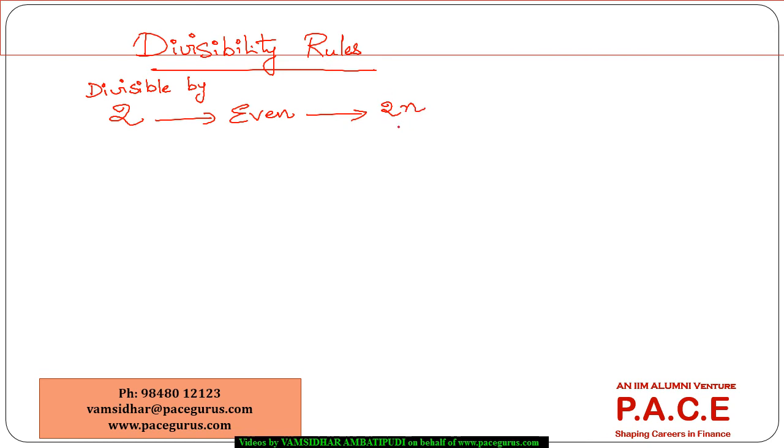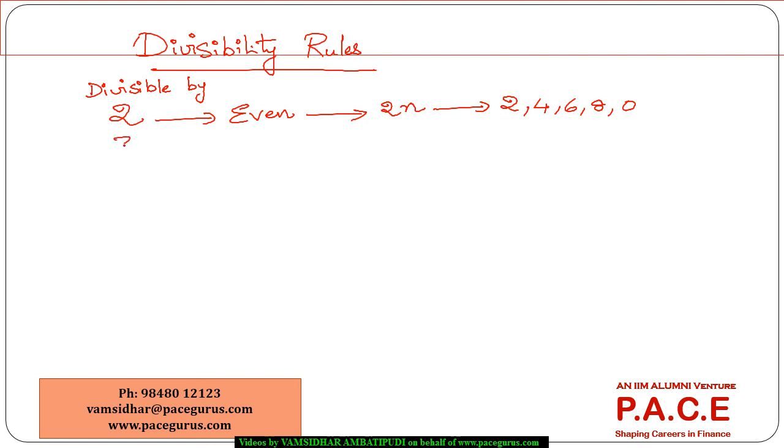So every number which can be written in the form of 2n is perfectly divisible by 2. Otherwise, just quickly look at the ending digits. They should be either 2, 4, 6, 8 or 0. So if any of them are there, then that number is perfectly divisible by 2.